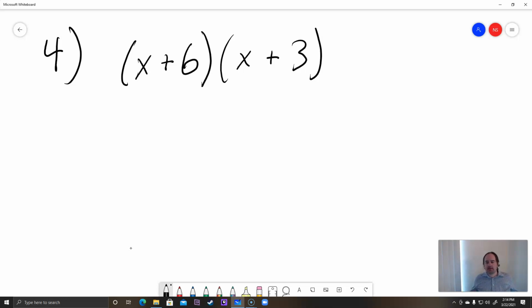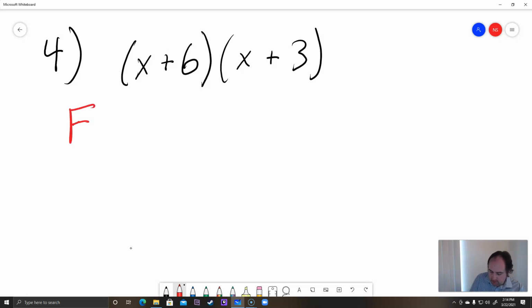The standard way to do a binomial times a binomial, in other words, 2 terms times 2 terms, is FOIL. This is the one case where you don't usually want to use the distributive property. You actually want to use FOIL. So what does FOIL stand for?